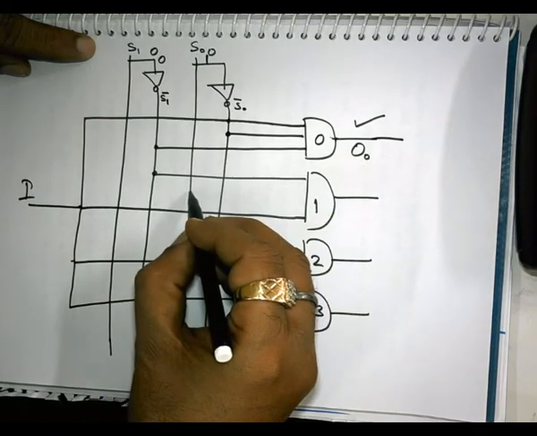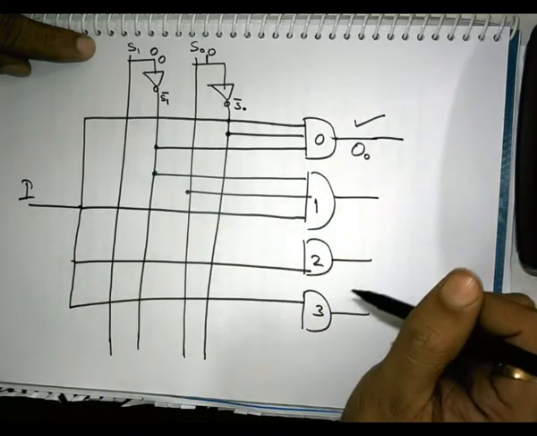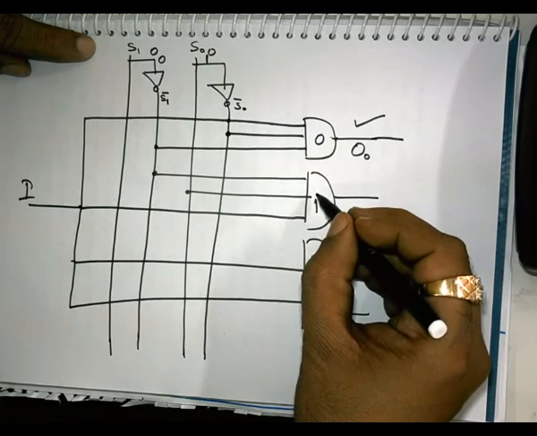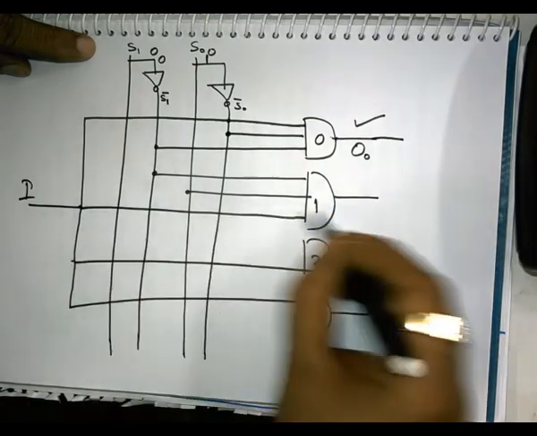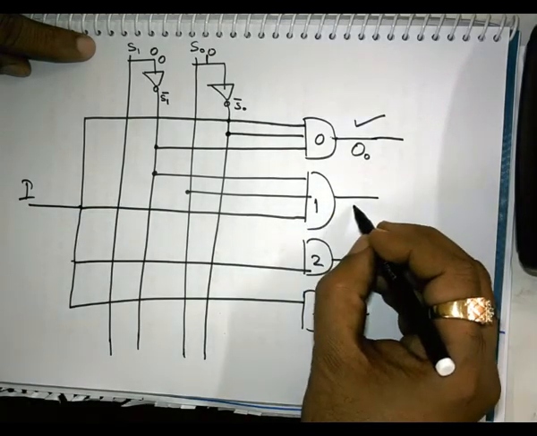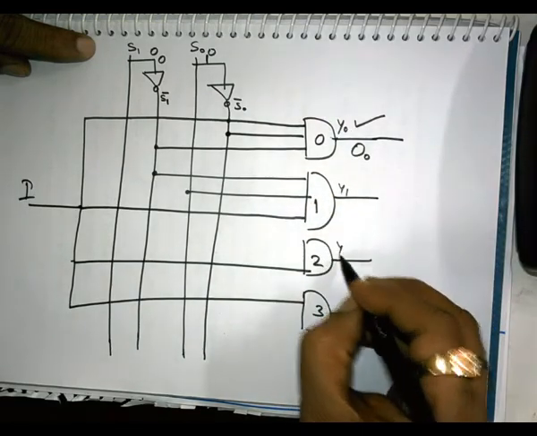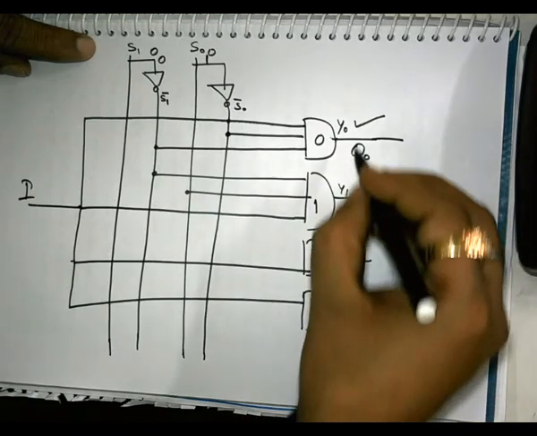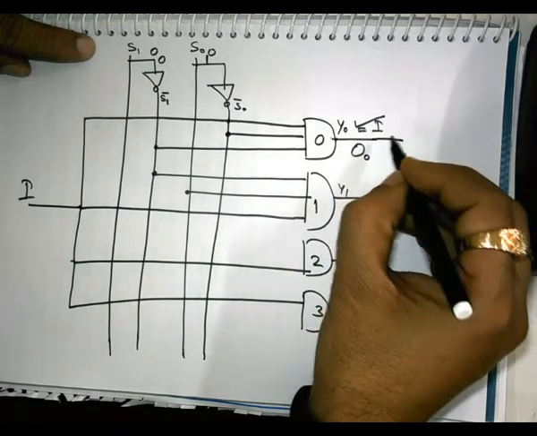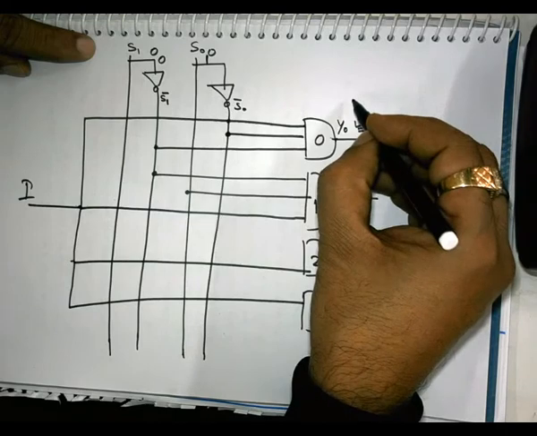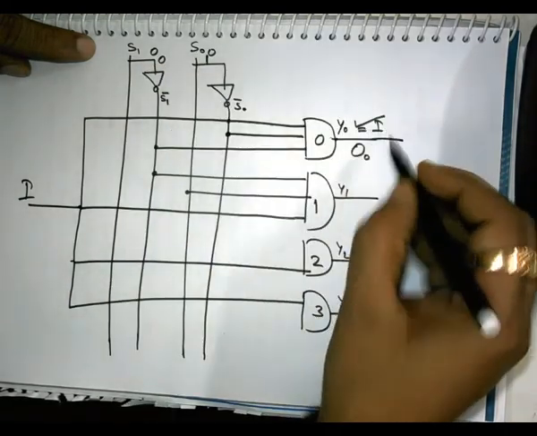Now this gate is enabled and the input will appear over here. Suppose these outputs are Y0, Y1, Y2 and Y3. So naturally this will come over here when S0 and S1 are 1, 1.